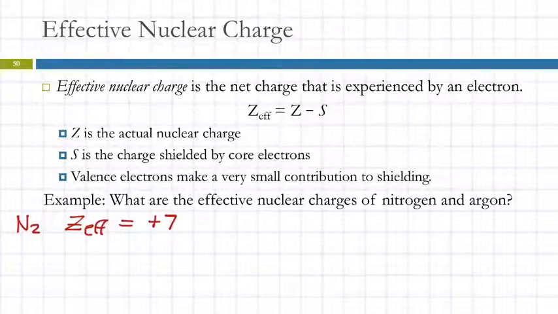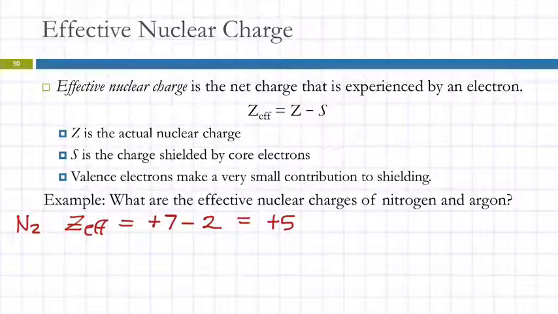Well, it's easier to answer how many valence electrons does nitrogen have. 5. It's got a total of 7 electrons. 5 of them are valence electrons. The rest are core. So there's 2 core electrons. So 7 minus 2 core electrons is an effective nuclear charge of +5.